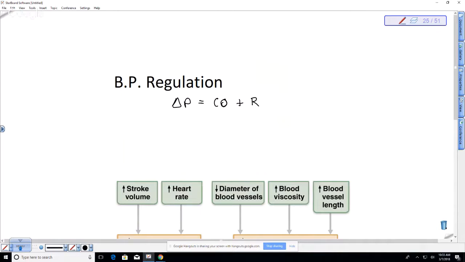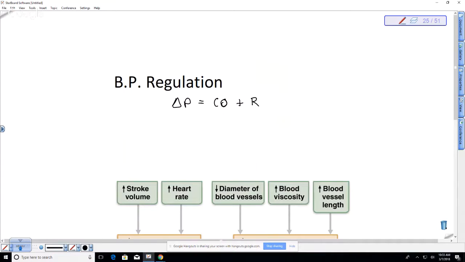Okay. So in order to regulate my blood pressure, I can do two things. One thing I could do is increase my cardiac output, because if I increase my cardiac output, I'm going to increase my blood pressure. And then I can also change my resistance.